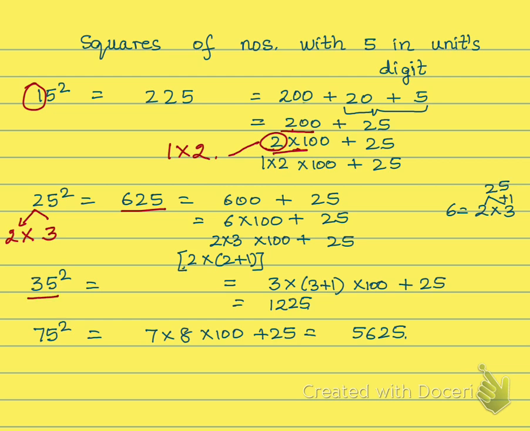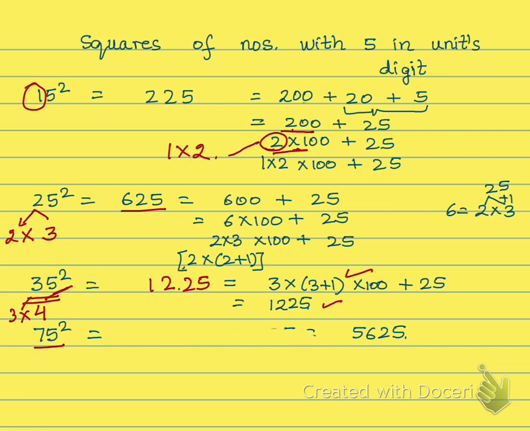Let's try the same trick with 35 square. So 5 square gives me 25. 3 times, what's the next natural number? 4. 3 times 4 is 12, so 1225. Let's check our answer over here. Yes, 35 square is 1225. Same way 75 square. Try it yourself.